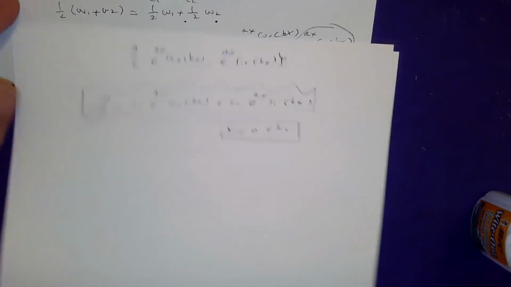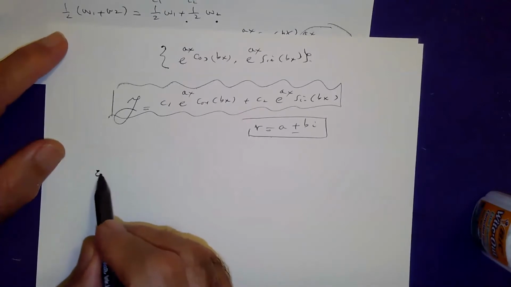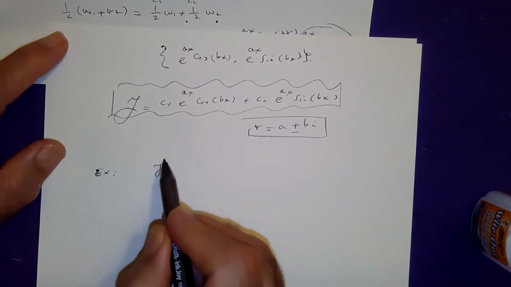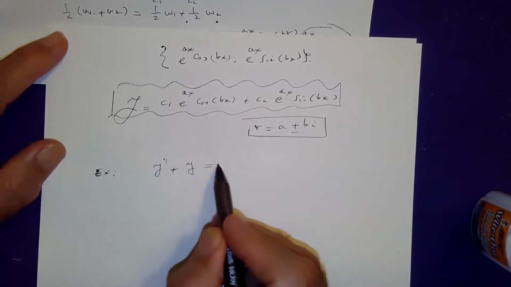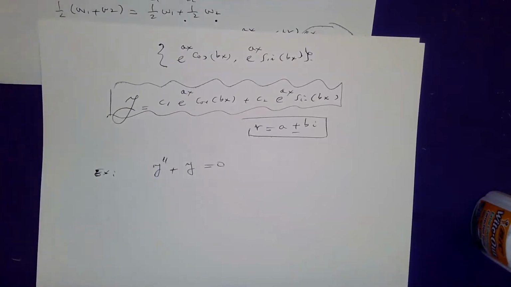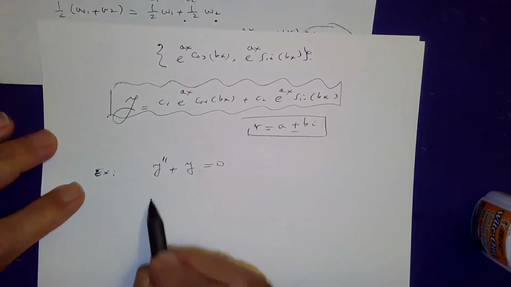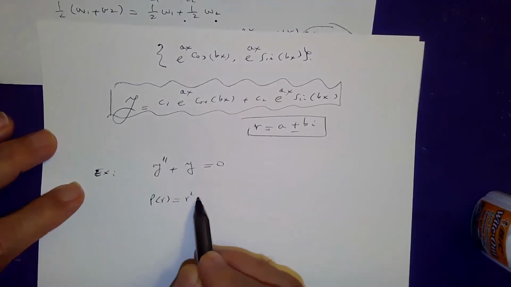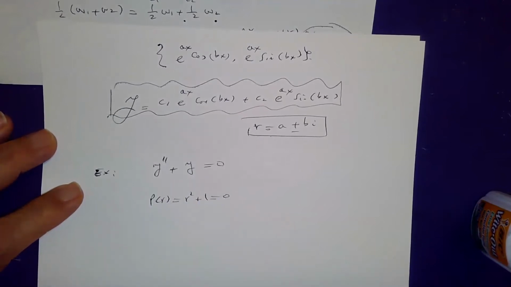So I know I said let's go home. Can I just at least show you one simple problem like this? Okay, 2 minutes. What is the auxiliary polynomial? r squared plus 1 equals 0.